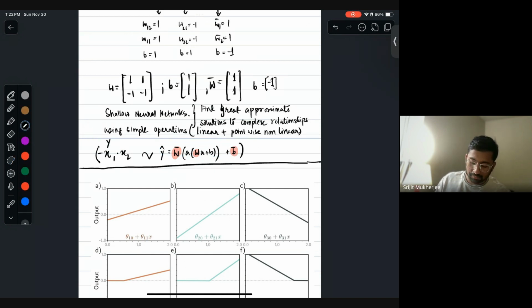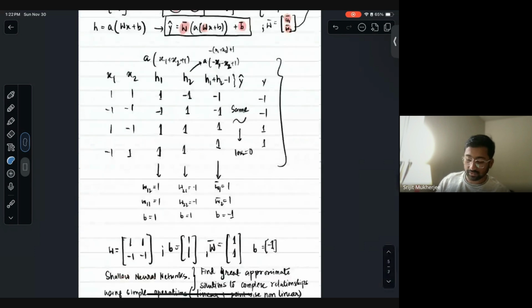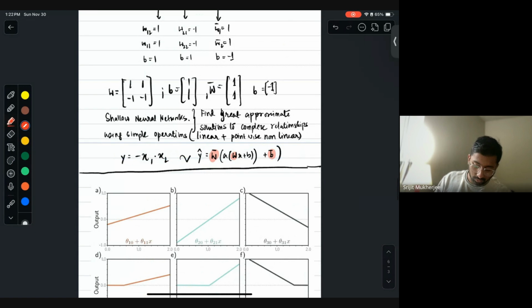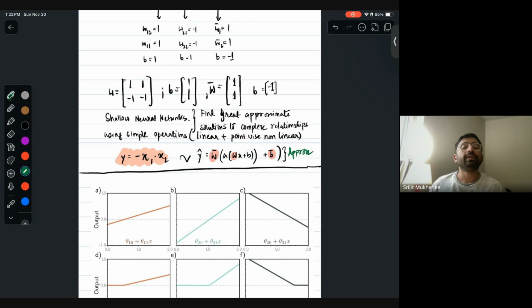But this is the actual y, minus of x1 times x2. So understand this very carefully. This is very important. We're actually approximating this. This is the actual one. This is the approximate one. But the good thing is that we are getting close towards a solution.